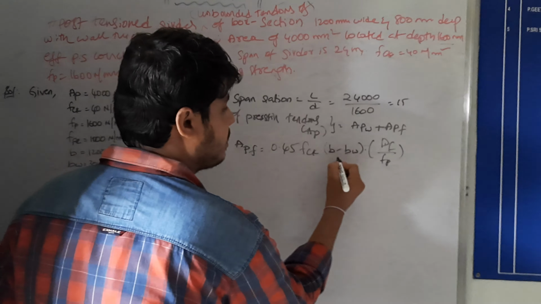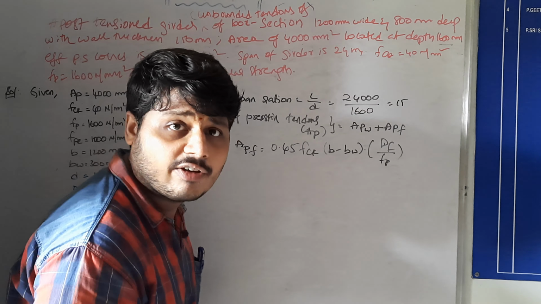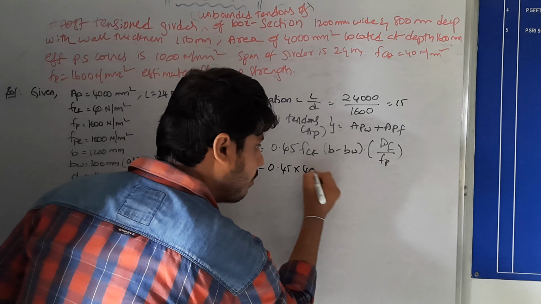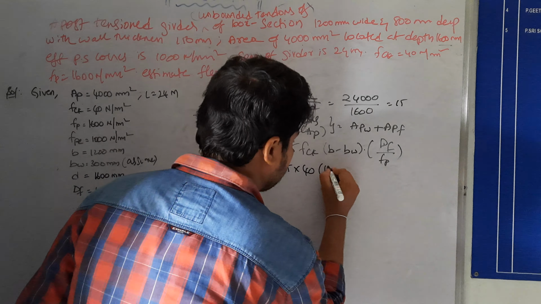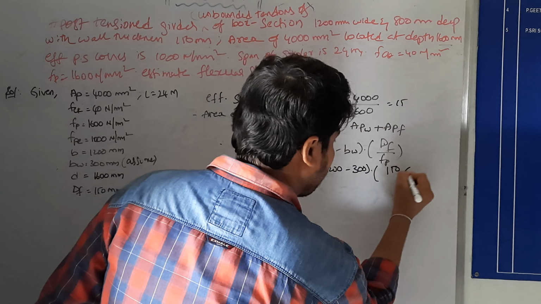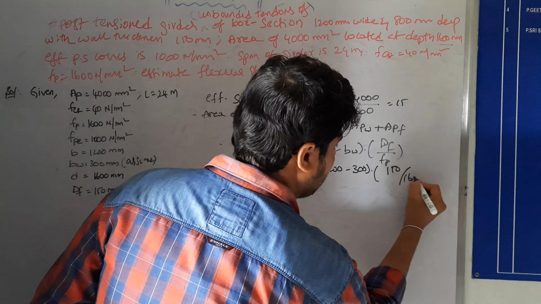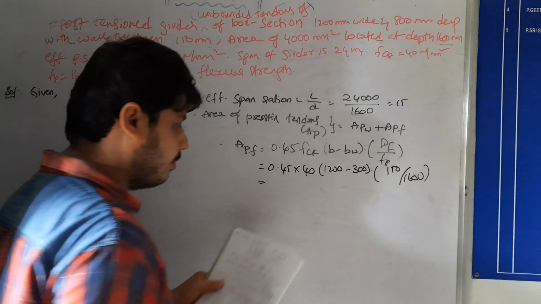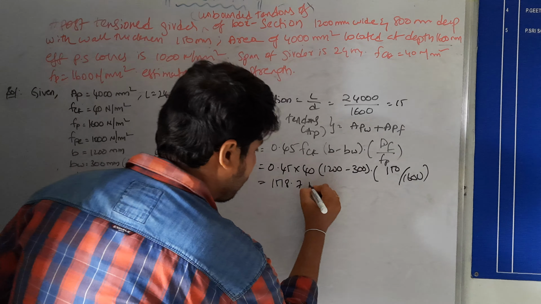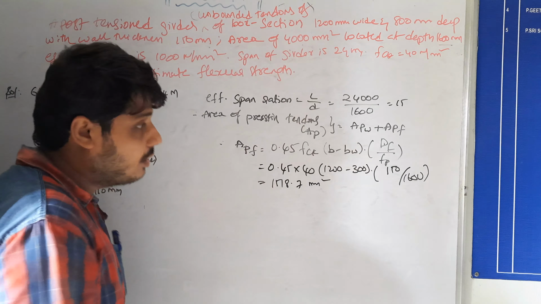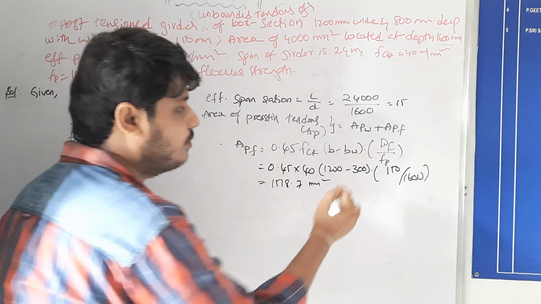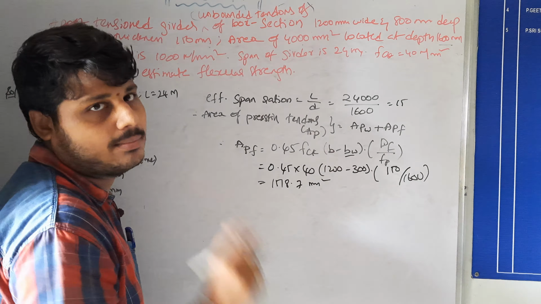So 0.45 into FCK 40 we know, B 1200, BW 300 we have assumed, into DF 150 by FP we know 1600. By solving we will get the value of APF equal to 1518.7 mm square. Please remember the values and formulas; we have all the values but we have assumed the BW value as 300.